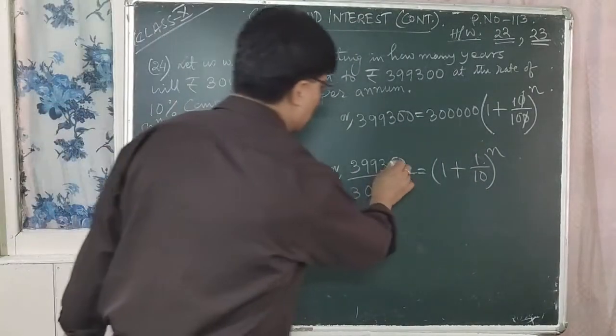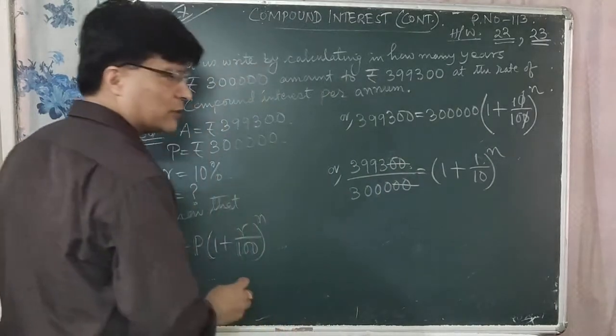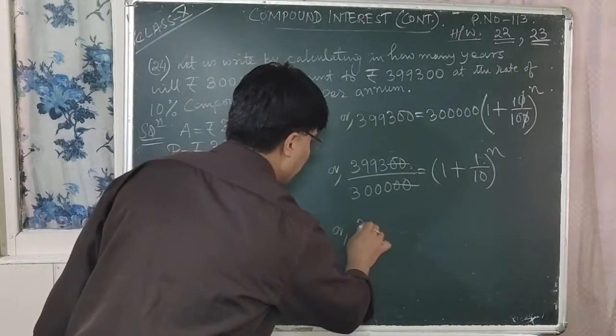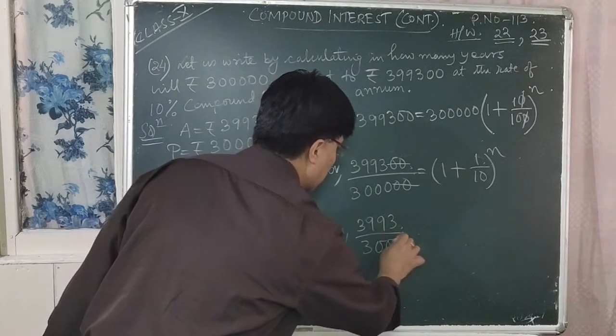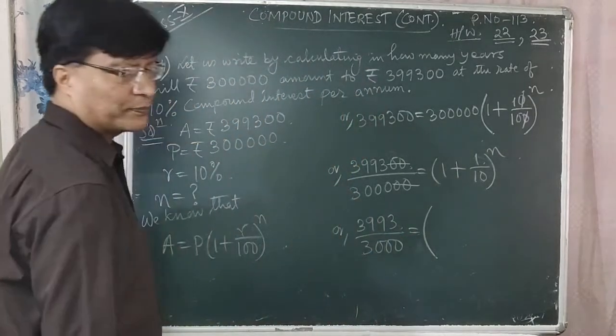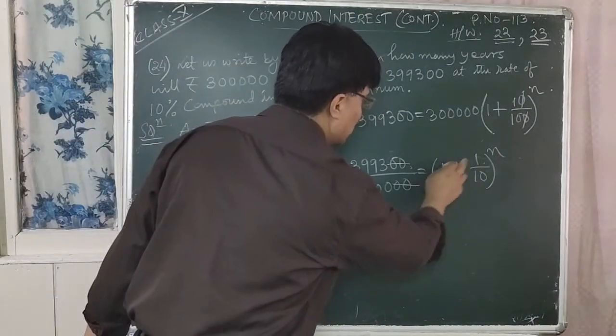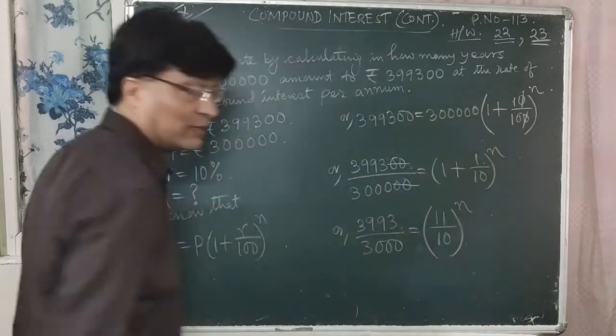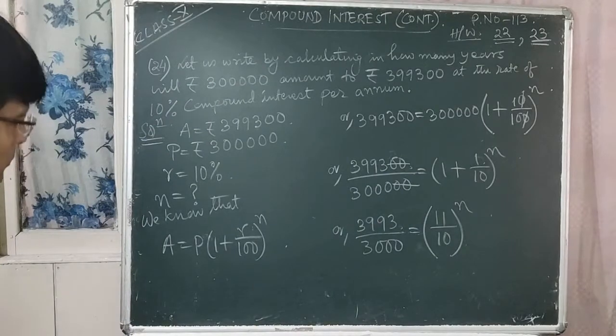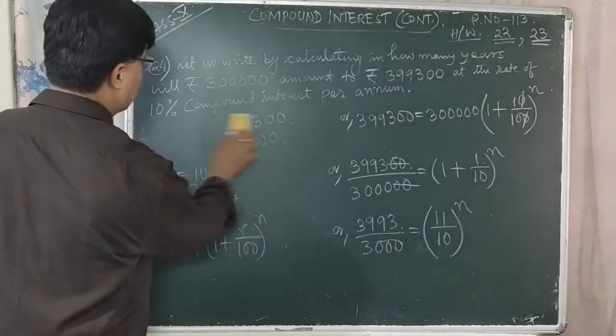So here the zeros get cancelled. Or we have here 3,993 divided by 3,000 is equal to, now add them. So it is 10 ones are 10 plus 1, that is 11 by 10 whole to the power n.